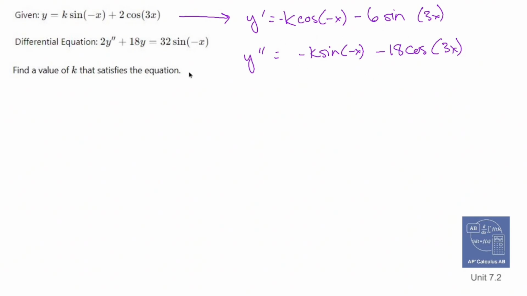All right, so here we have it. We finally have our y double prime, and we have our original y, and we need to find out the value of k that satisfies this equation right here.